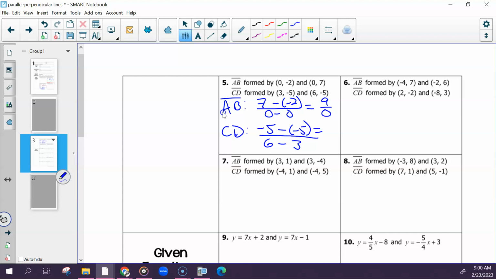Zero over 3. As they are right now, are these parallel, perpendicular, or neither? What do you think? Otis?